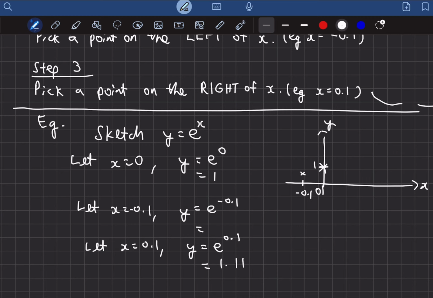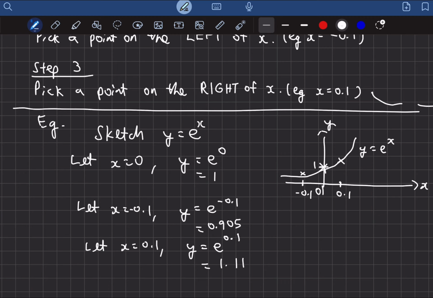So when x is 0.1, I have 1.1, which is somewhere around here. We don't need to be exact. So we know that the shape of the exponential curve is like that. So this will be y equals to e to the power of x.